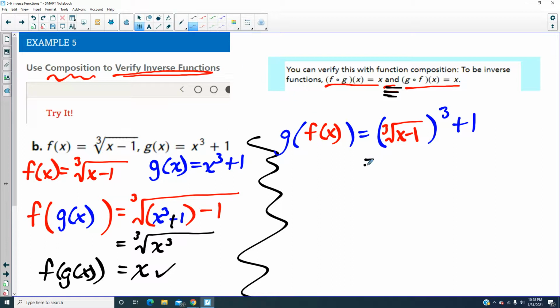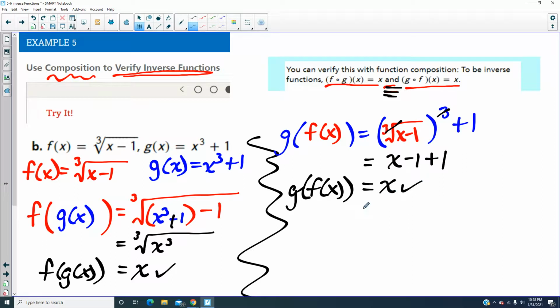When I cube a cubed root, those just cancel. And then I have x minus 1 plus 1, and x minus 1 plus 1 is x. So for g of f of x, I get x. So since f of g of x equals x, and g of f of x equals x, then I can say that f and g are inverses of each other.